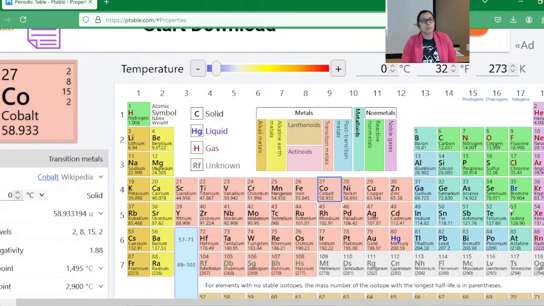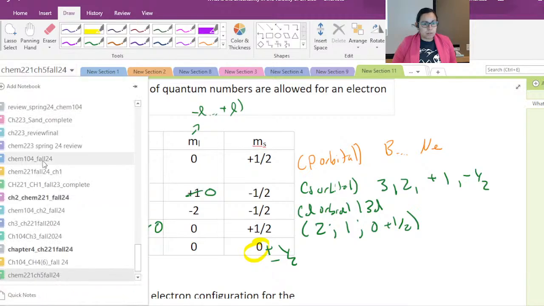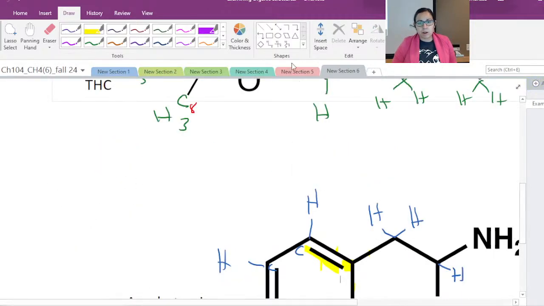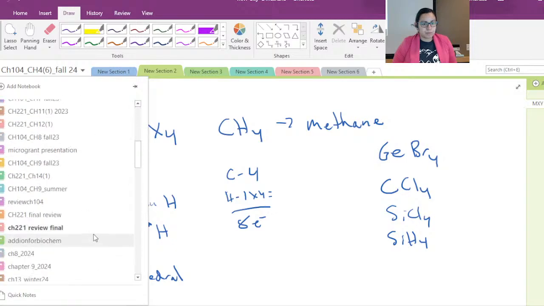So does each letter correspond to a block on the periodic table? What letter? N, L, M sub L? Oh, one of them is spin, but yeah, remember the L's correspond to the blocks. I don't know if that would be useful. I don't have a periodic table. Let me grab one from somewhere.